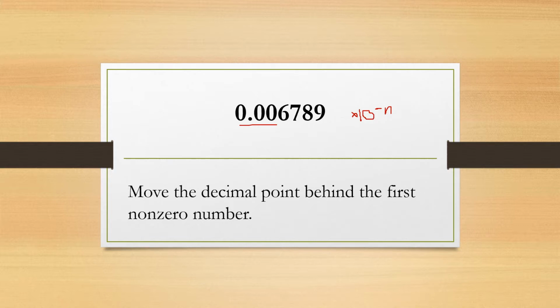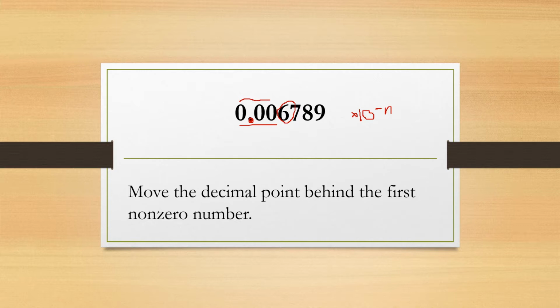Now, what do we do with this decimal? Well, we're going to do the same thing. We're going to move it until you get to after the first non-zero digit. The first non-zero digit in this number is, again, the 6, because before it you have 0, 0, 0, and then the 6.